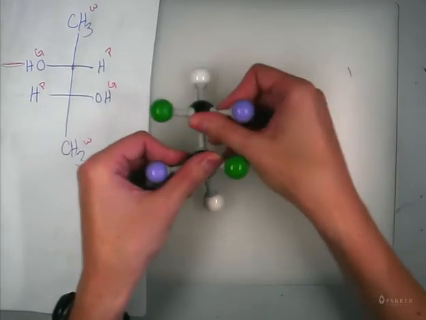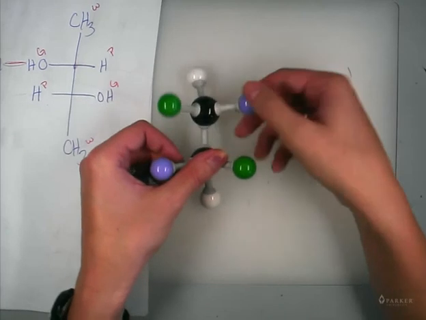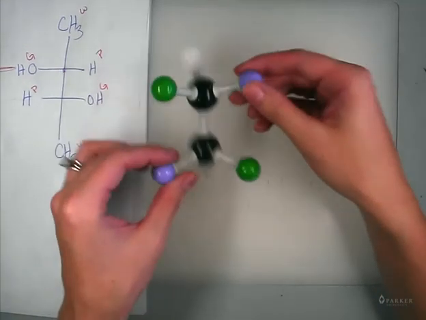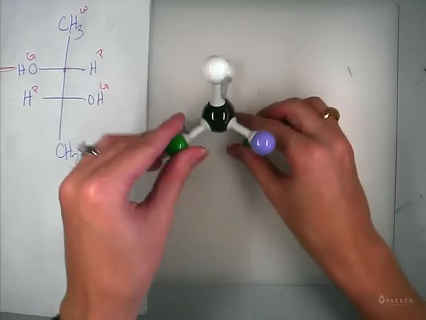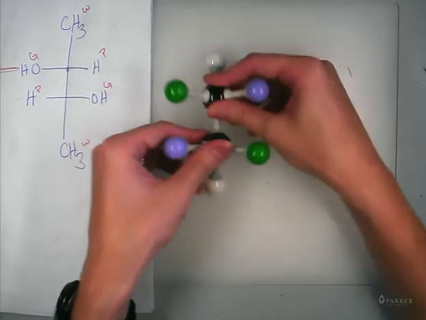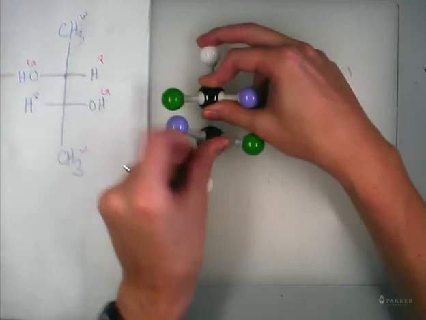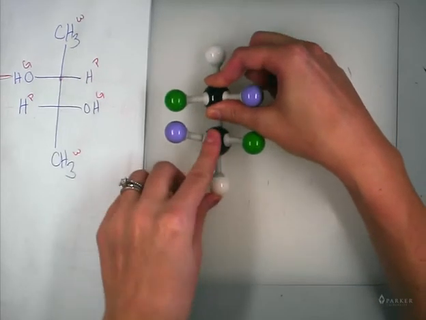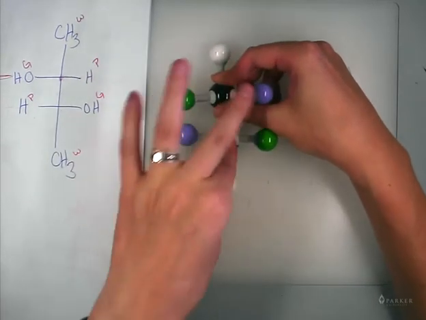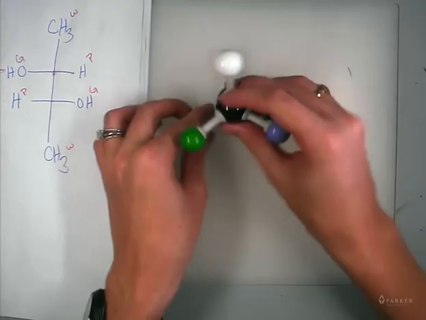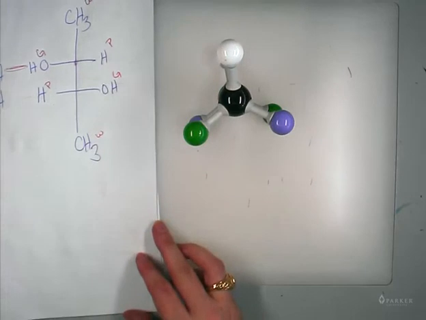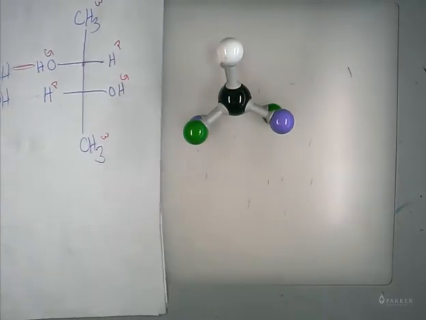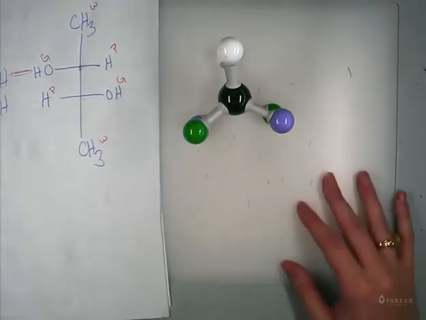Either you're looking at it flat like this, or up like that. It's just here to here. That's all it is. So let's draw this. Did I change anything? Do you see I have my two whites going up and down, and then green, purple, purple, green. Now when I flip it into the Newman, what kind of conformation is that? Is that staggered or eclipsed?